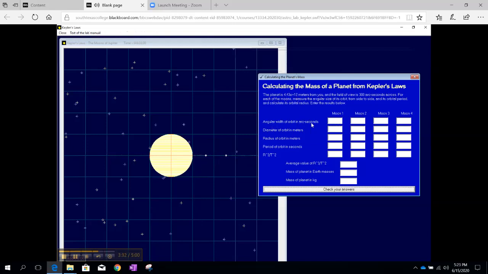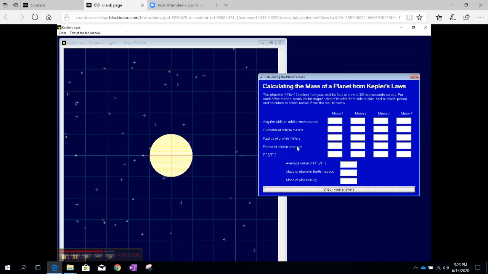First, whatever arc seconds you have, divide by 3600 to get degrees. Once you have the degrees, multiply by pi over 180, and then you have the angle in radians. That radian angle times this distance gives you the diameter of the orbit in meters. Once you have the diameter, you just divide by 2 to get the radius.